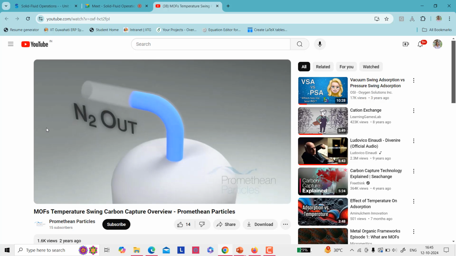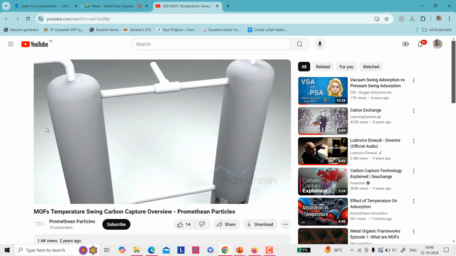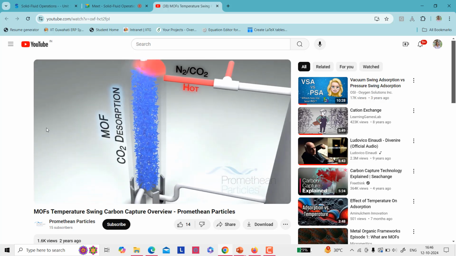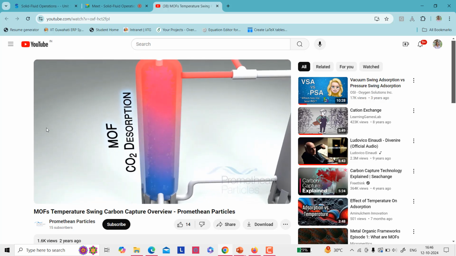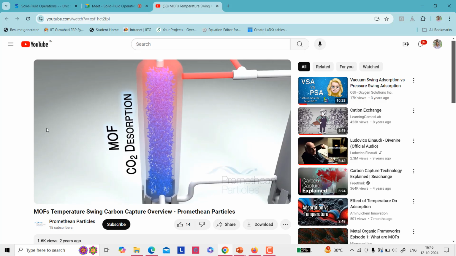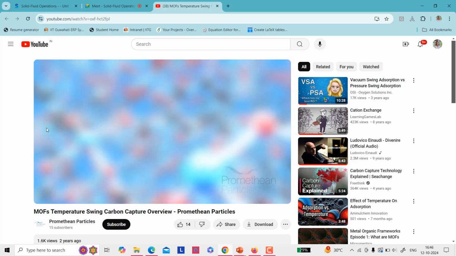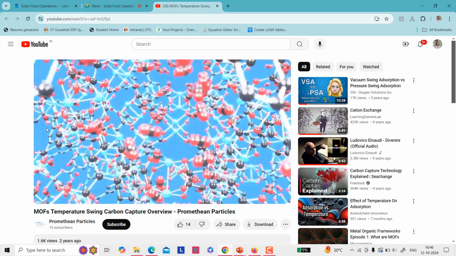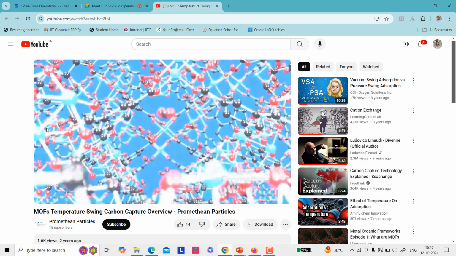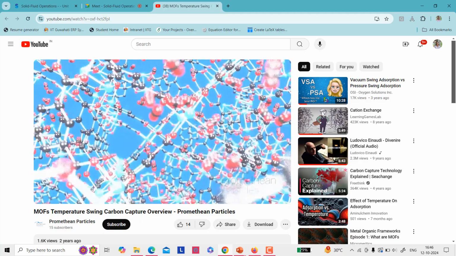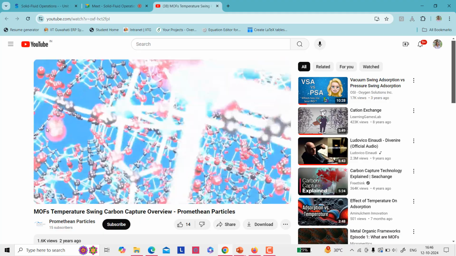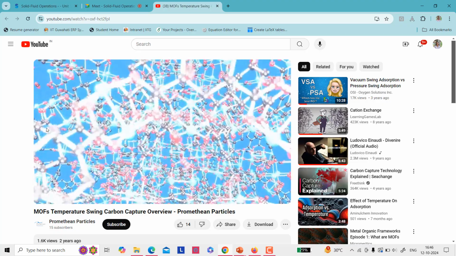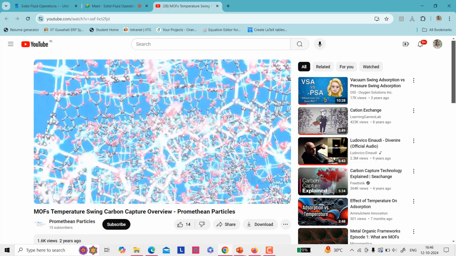Here CO2 desorption is happening. Now it leads to CO2 out.